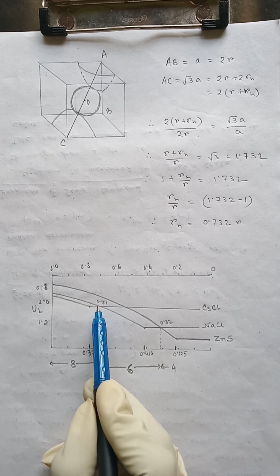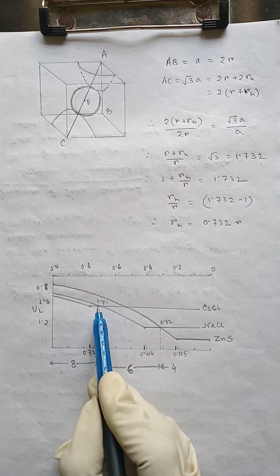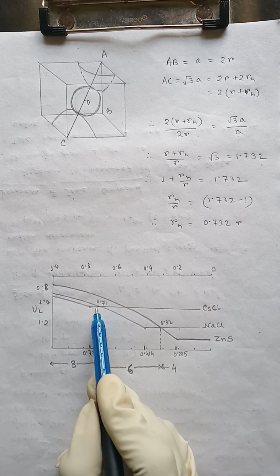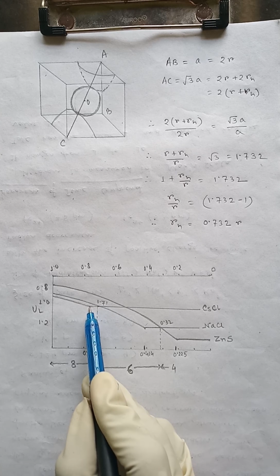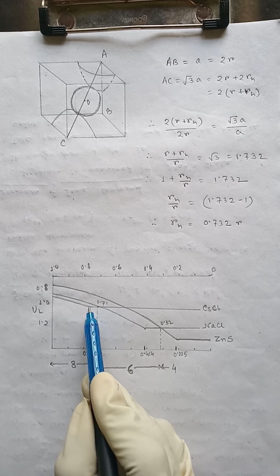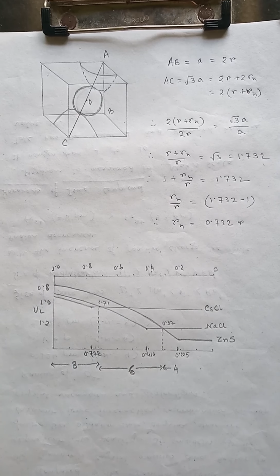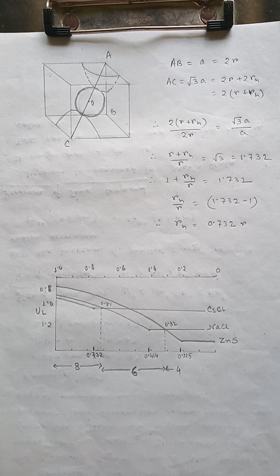That's why if we increase the radius ratio from 0.71, the compound will try to adopt the CsCl type of structure, which has higher lattice energy than the NaCl type of structure in this zone. So see this graph very carefully and do all the calculations yourself. Thank you for watching.